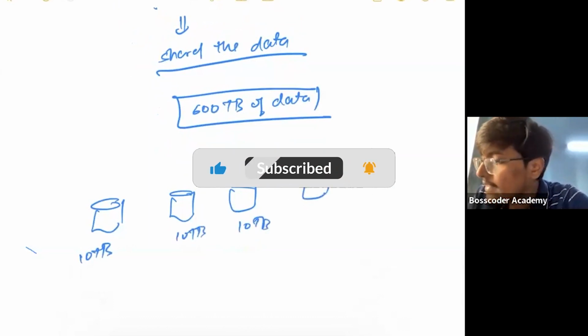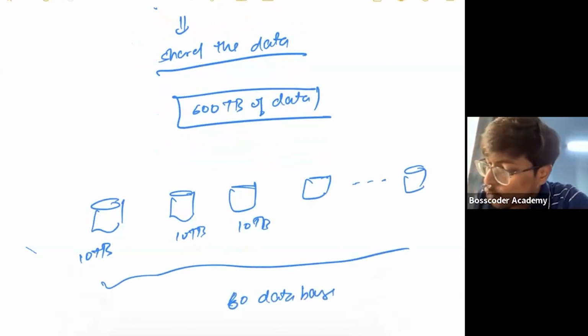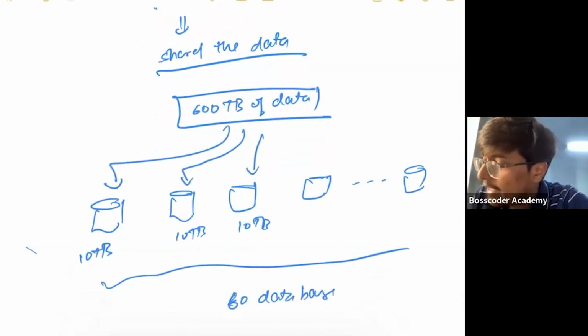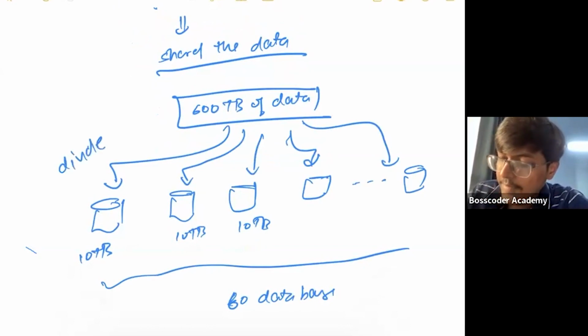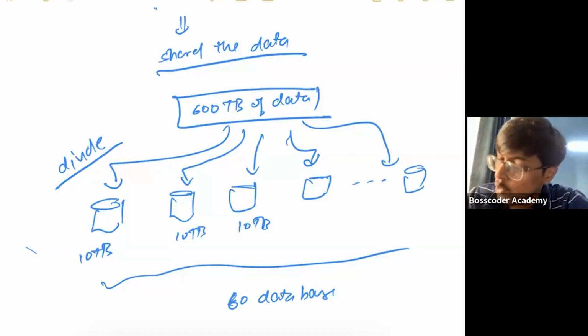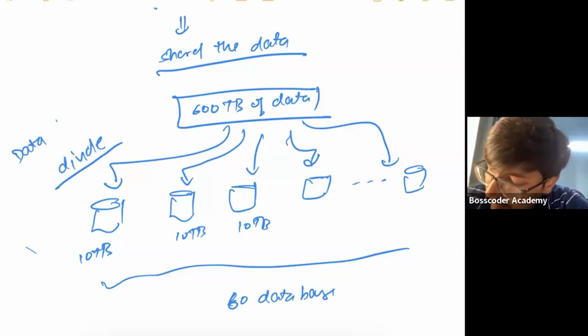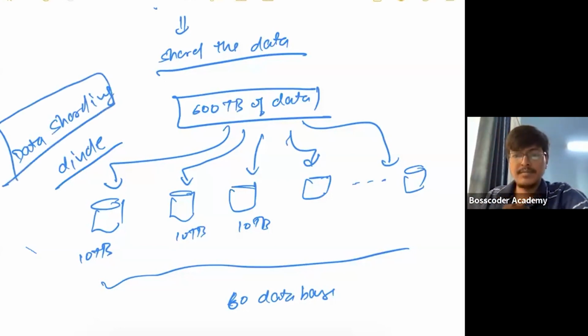You will need 60 such databases, and you will store this data, that means divide this data into these 60 databases. Does this make sense? This is known as data sharding. A quick yes if this is clear. What is data sharding?